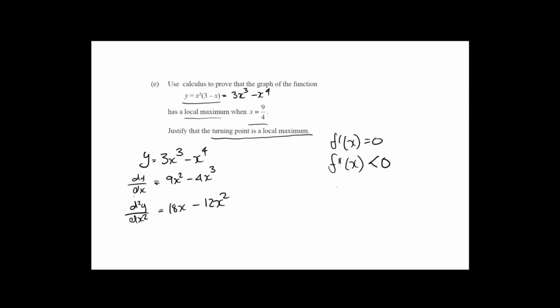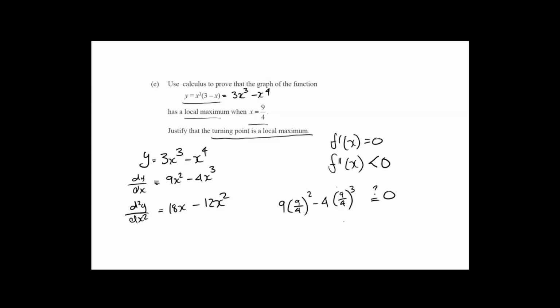Okay. So for this one here, we know that where the gradient is equal to 0, there's got 9 times 9/4 squared minus 4 times 9/4 cubed. And we want to run a test.